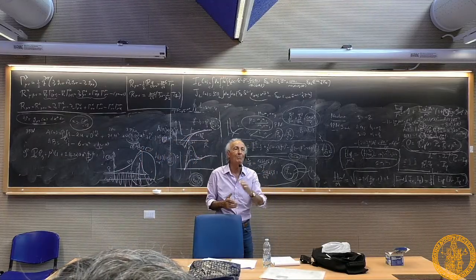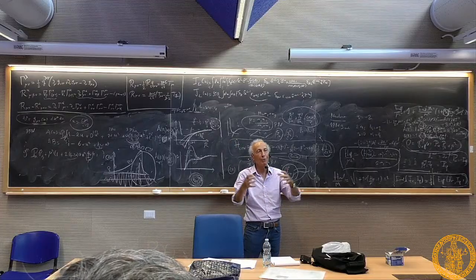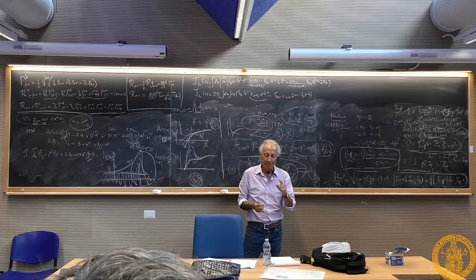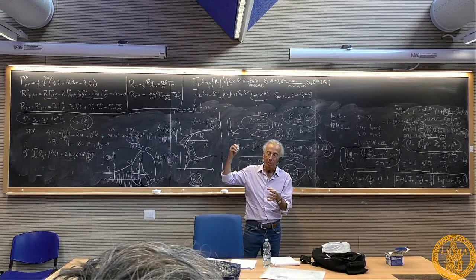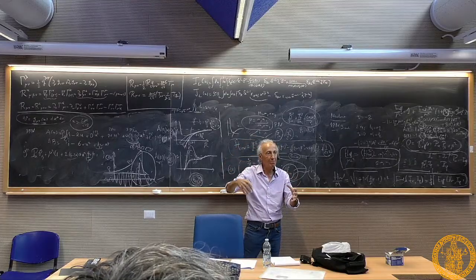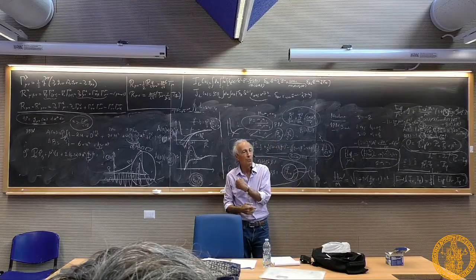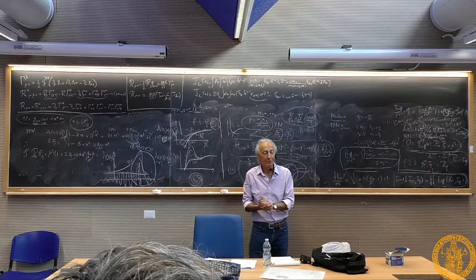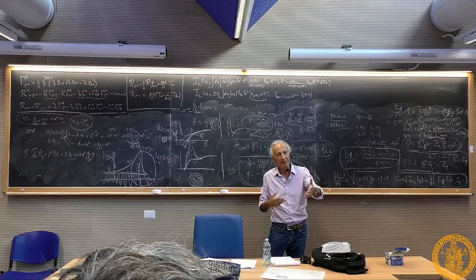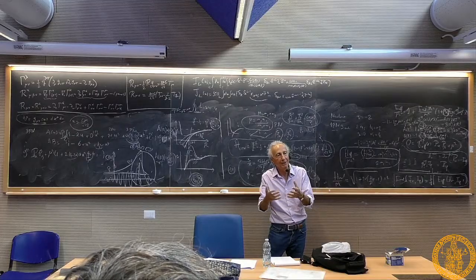But LISA will hopefully also observe the merger of two supermassive black holes. And also very importantly, what happens when a small black hole or a neutron star falls into a big black hole. And EOB can also be useful here because EOB is beyond the probe limit. So it is like self-force effects are included.